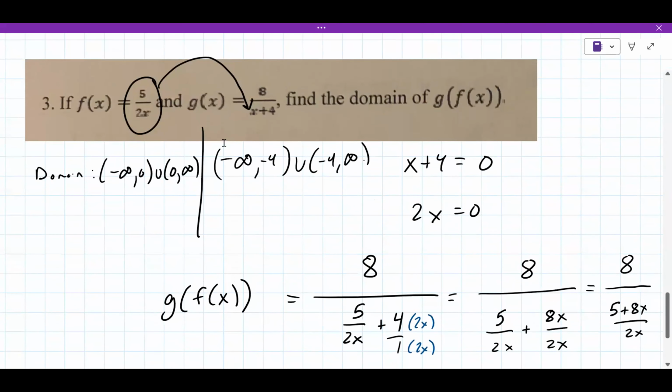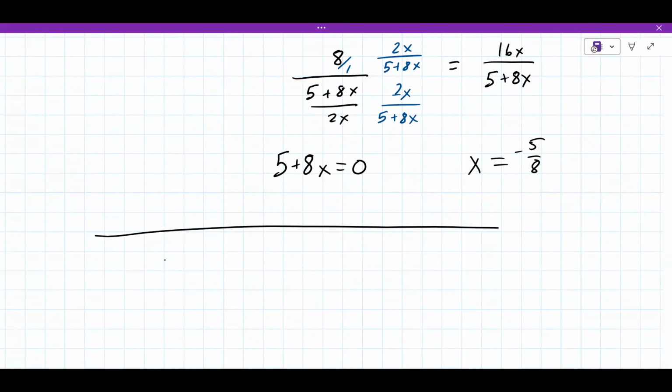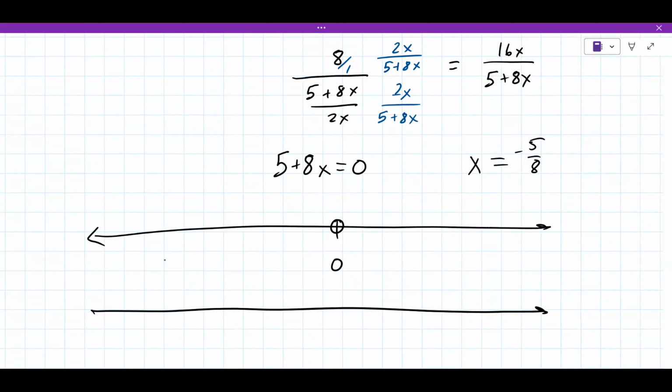And what you have to do is compare it to what you started with, which is f of x. You always start with the inside function. So the original function was only a problem at 0. 0 was bad, but everything else was good. The composition is bad at -5 over 8. So they are both bad.